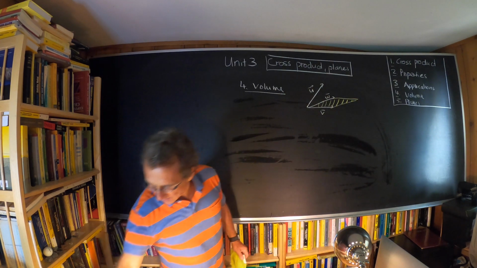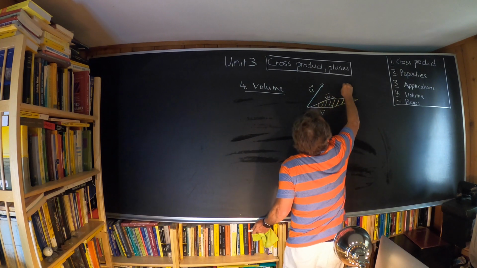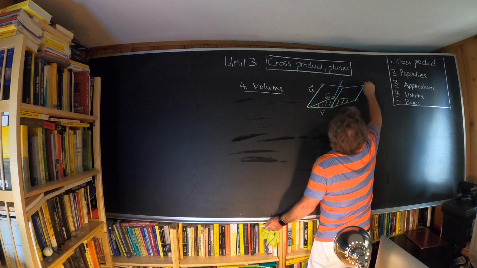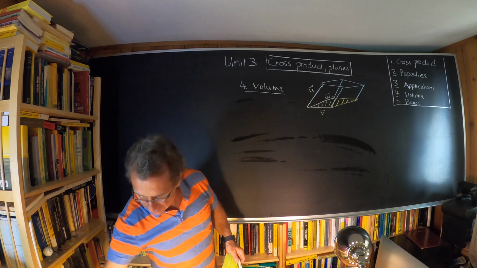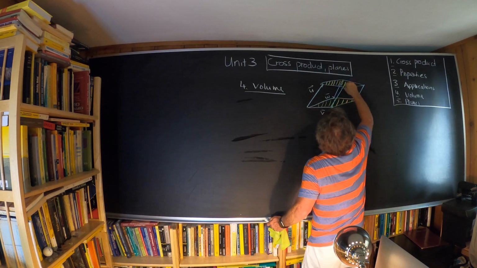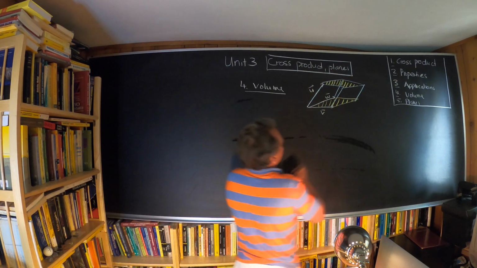And then, let me make this maybe blue. So this is the vector u, goes here. This parallelogram has been translated up here, and again here on the top. So that is what we call a parallelepiped.